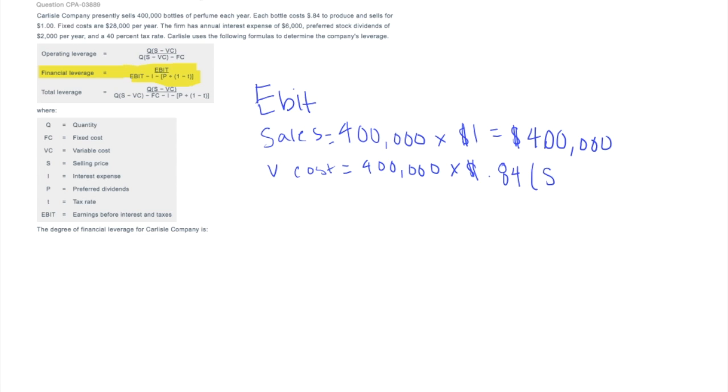So that's going to be a negative 336,000 of variable cost. And then we also have our fixed cost. And if we read the problem, it tells us that fixed costs are $28,000 a year. So 28,000.